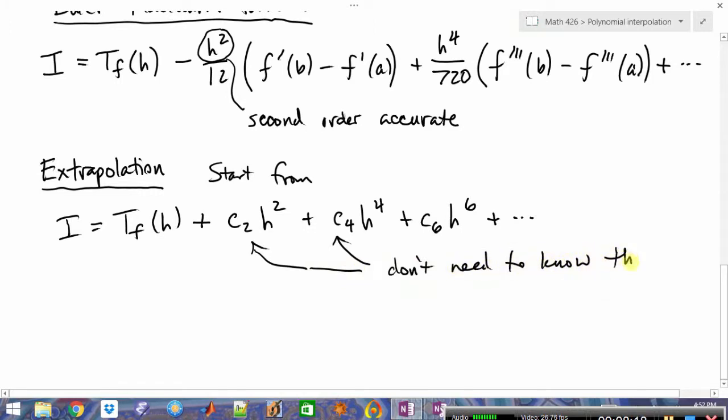I just have to know that they're there, which is nice because I don't want to have to figure out f prime and f triple prime. I may not even have them.